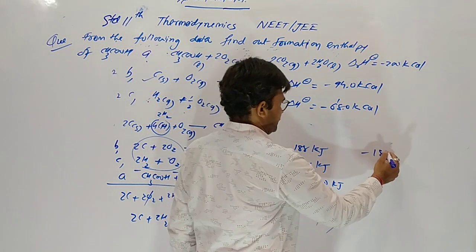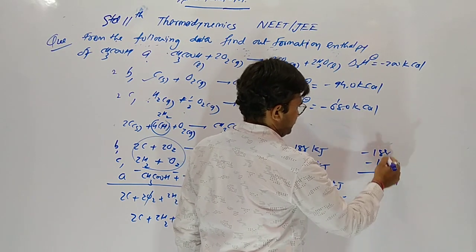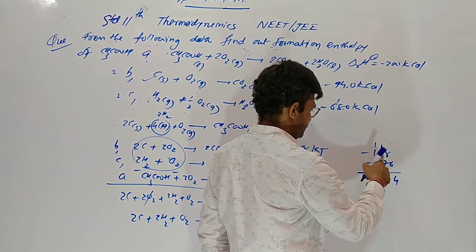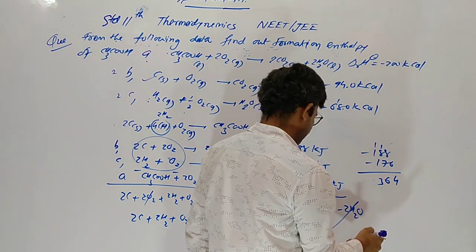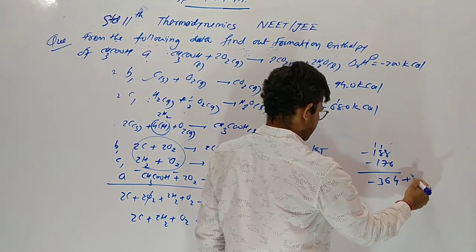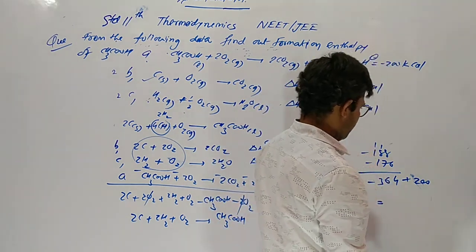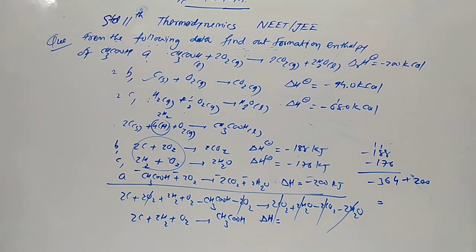Here minus 188 minus 136, that is minus 324. Then minus, plus 200. So minus 124 is our answer.